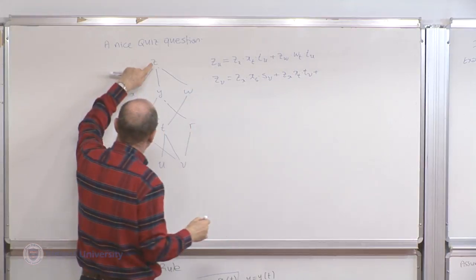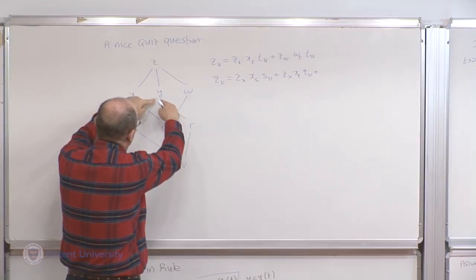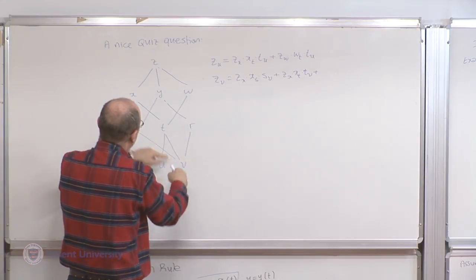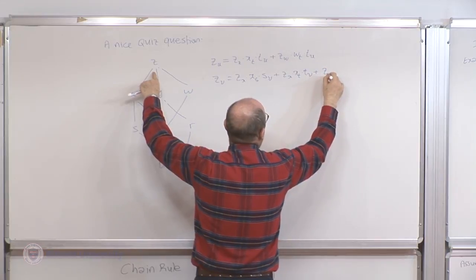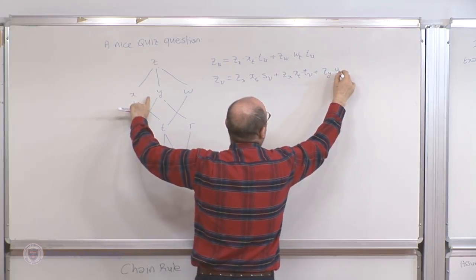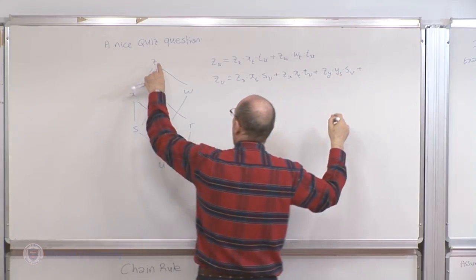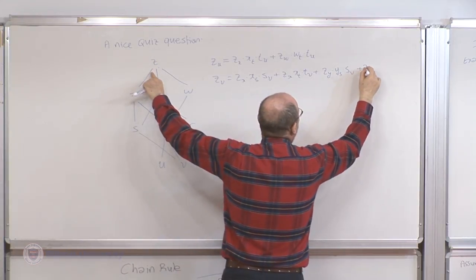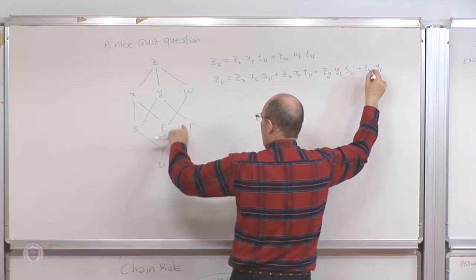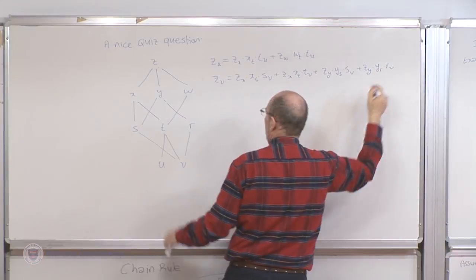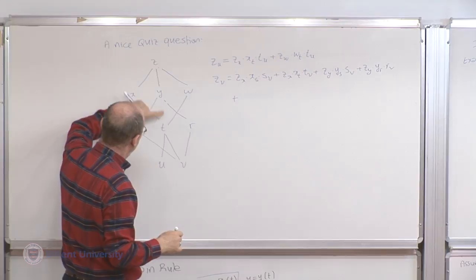Plus, okay, so let's look at y. I can go to y, and then from y to r and s, both of them go here. So, okay, I'll write it. Plus zy, ys, sv, plus I again go to y, zy, yr, and rv, plus, okay, so there's no other way to go from y to b.